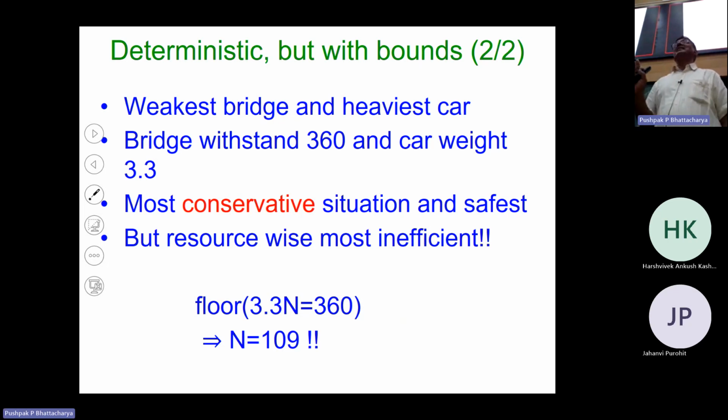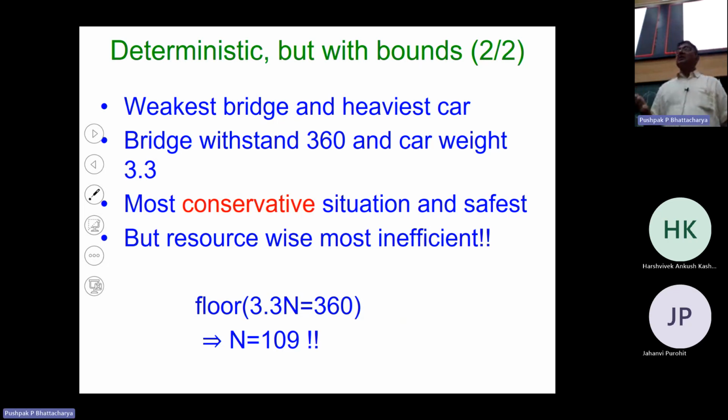The bridge will not break. But the point is that it will not be utilized either. Capacity utilization will be low, so that's also not a very happy situation for the city authorities. A facility must be used. Only 109 cars will be allowed. The toll tax collection will be very low, but the bridge will survive.